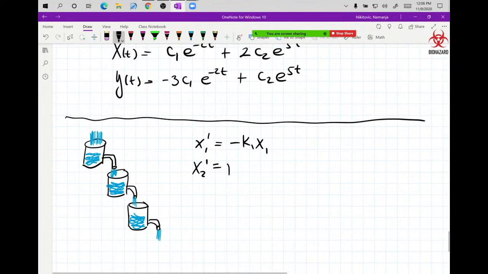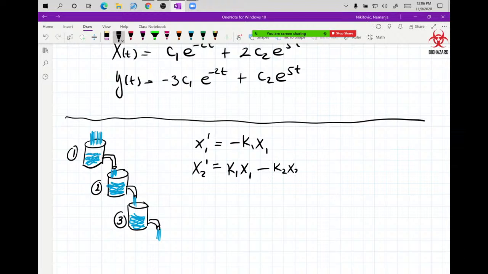Well, this is tank number 1, tank number 2, tank number 3. Now K1 X1 is a gain that's coming in, and what's going out is K2 X2 going into the third tank, and then the third tank has the inflow of K2 X2 and the outflow of K3 X3 going out.